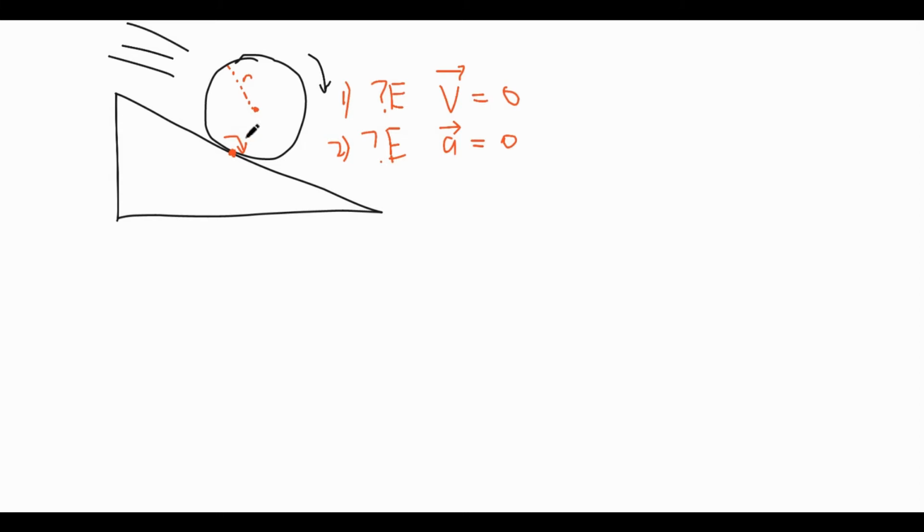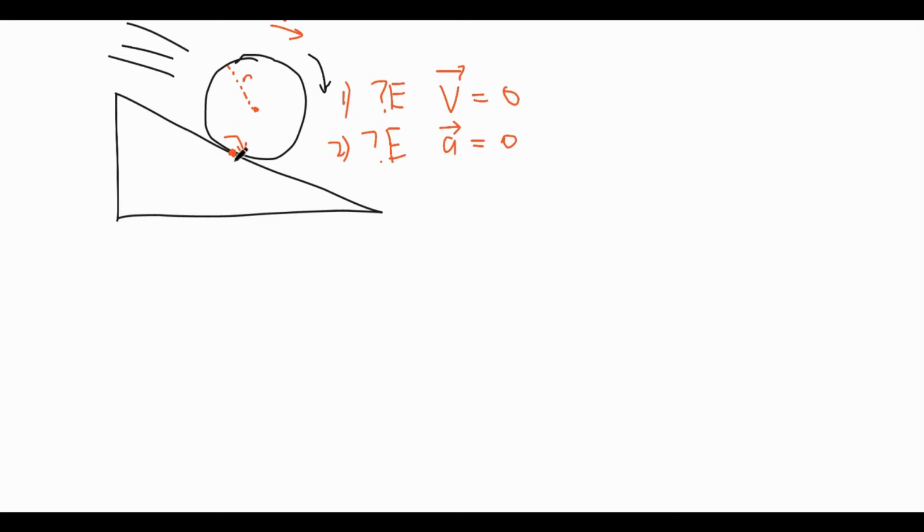An alternate way you can think about this is by thinking about the net velocity. Let's say that the velocity of the disk at a certain moment is v, going down. Now the question is, what is the velocity of the edge of the disk right here on the bottom?